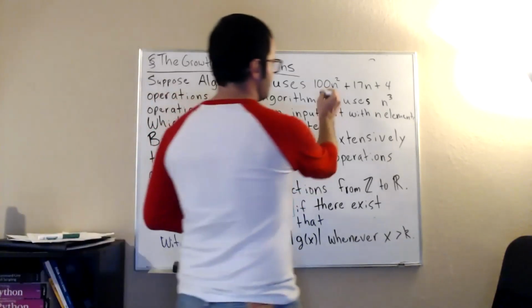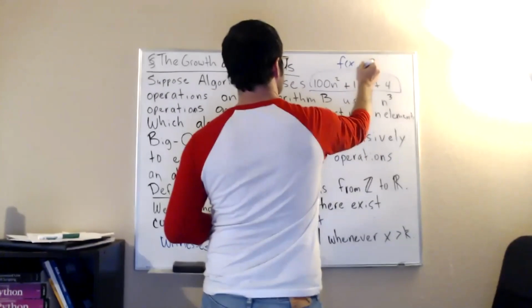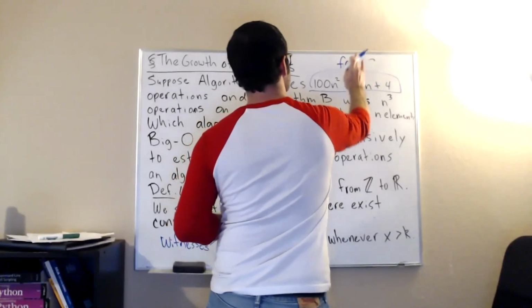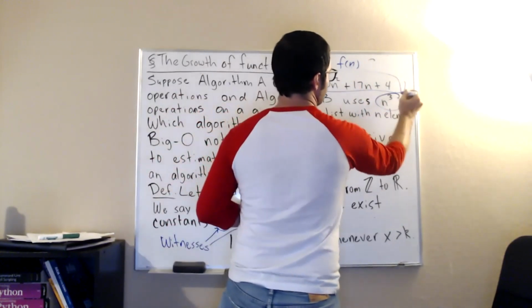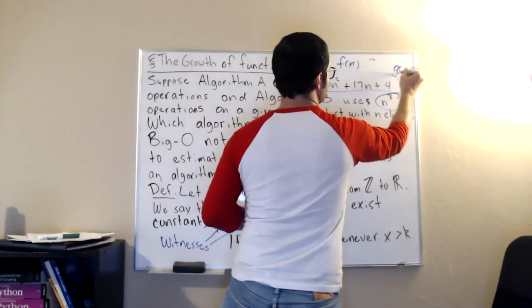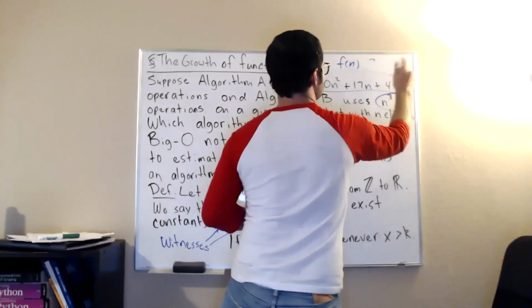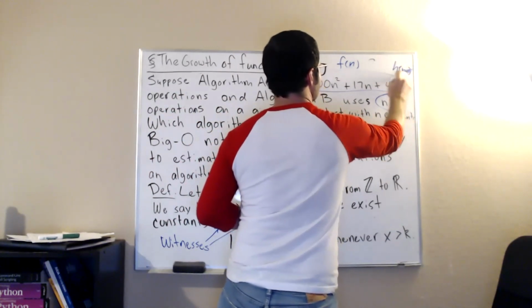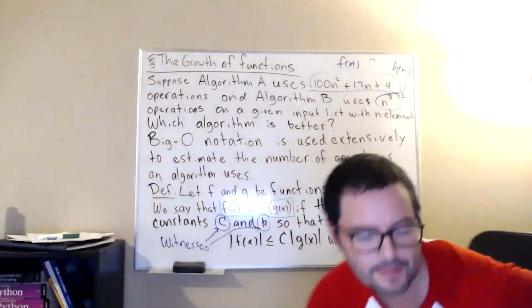So let's just look at a plot real fast of this guy here. We'll call this f of x, or f of n, and we'll call this h of n. I just want to look at what the graphs of those functions look like.